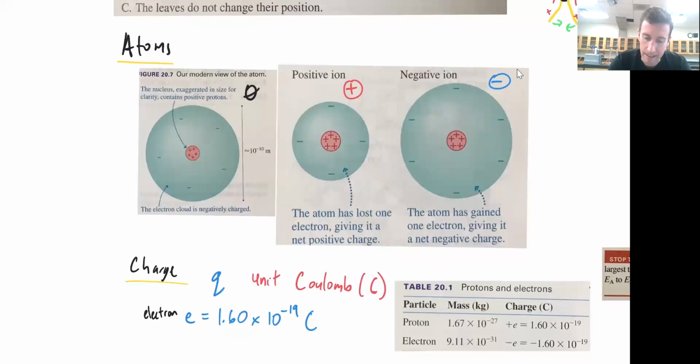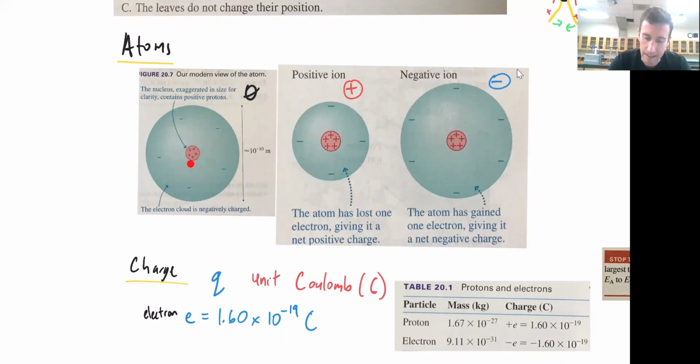So here is a diagram of a normal atom, a neutrally charged atom. The size is really exaggerated here. Atoms are crazy, crazy tiny, and then the nucleus within the atom is insanely small within it.